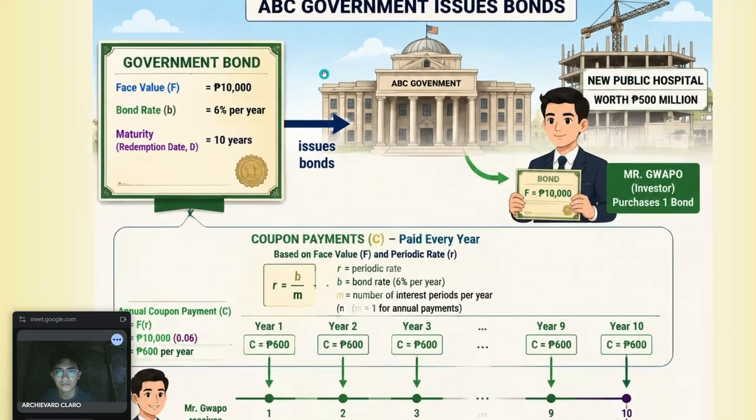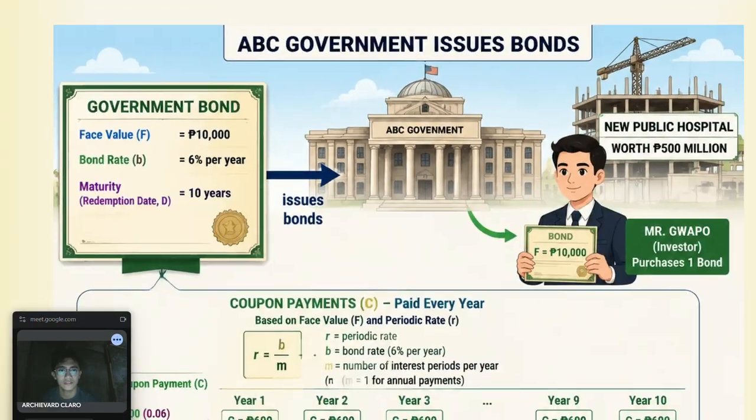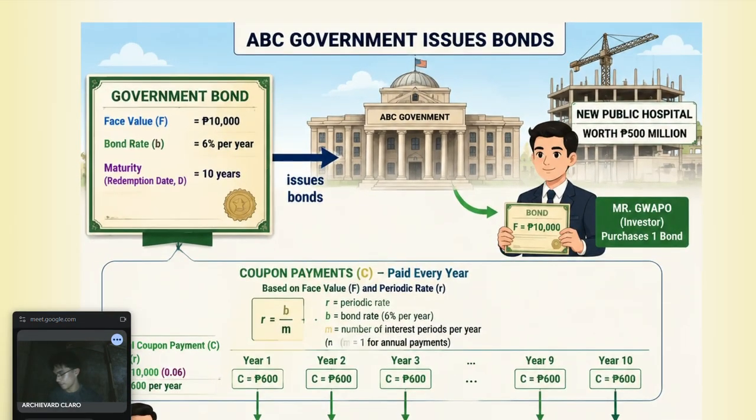Now here, I have an example of bonds where ABC government plans to build new public hospitals, as you can see here, worth 500 million.